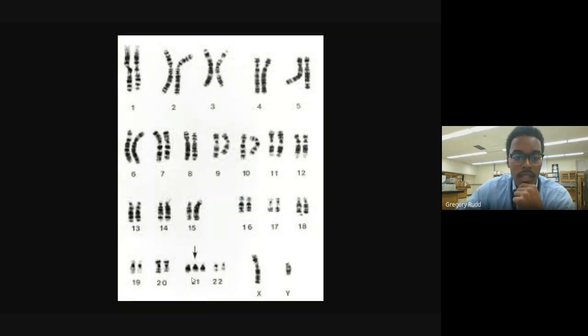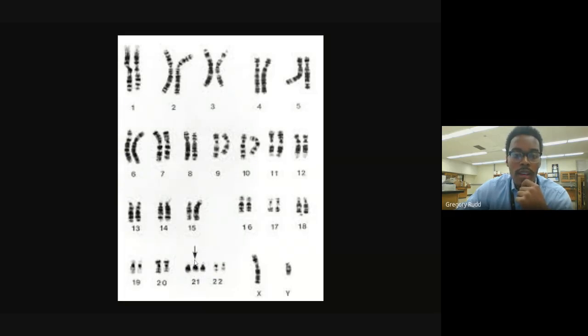In this case, you can see that on the 21st, we have 3 chromosomes instead of 2. So that's a problem. This is a condition called trisomy 21. Tri meaning 3, and 21 meaning it's in the 21st position. So trisomy 21. This is more commonly known as Down syndrome.